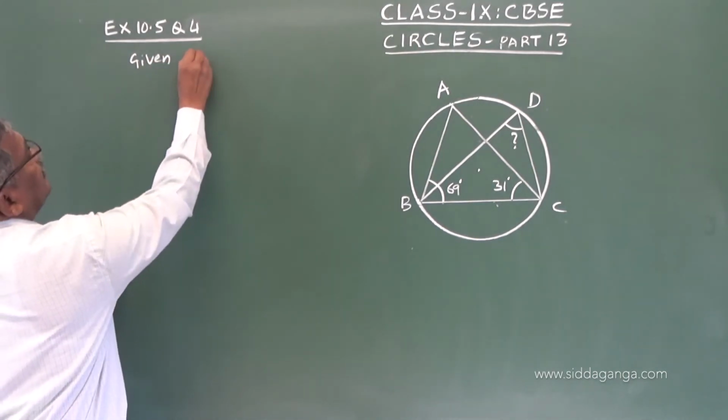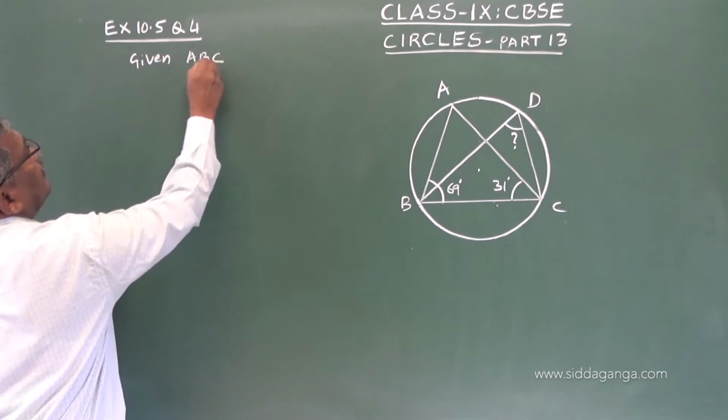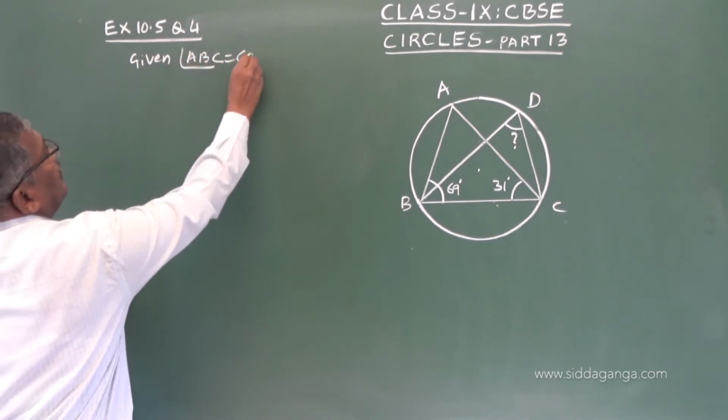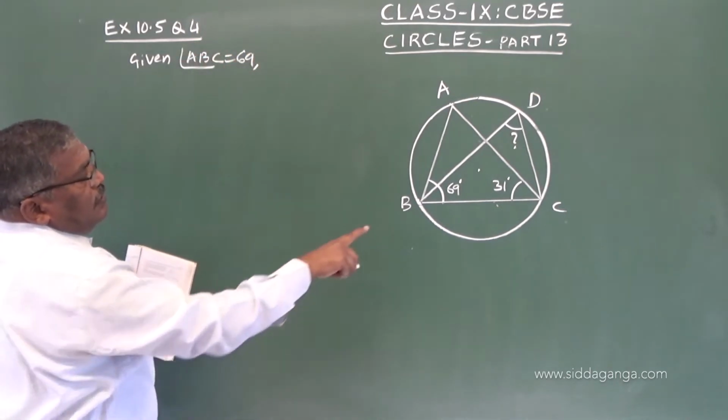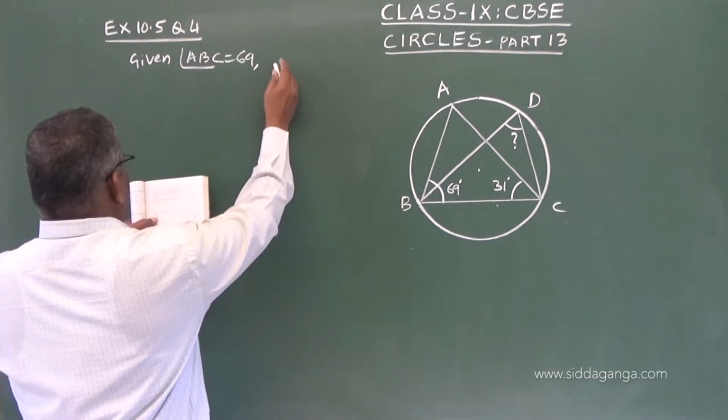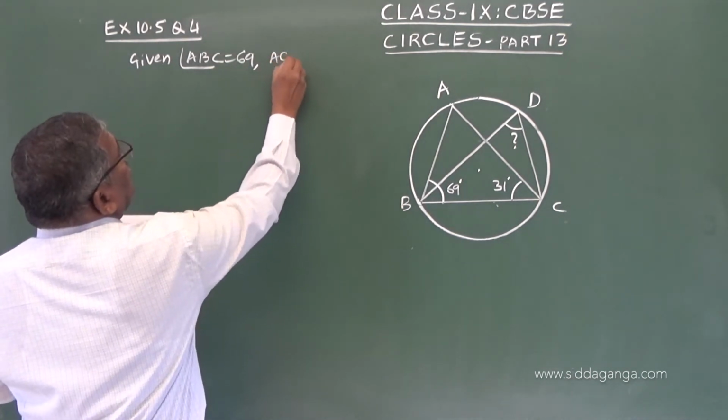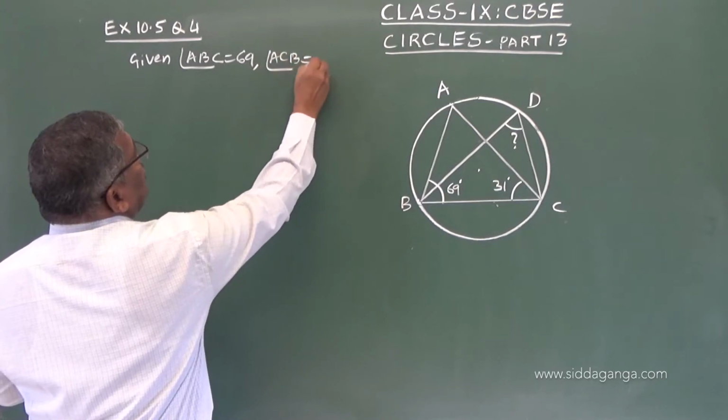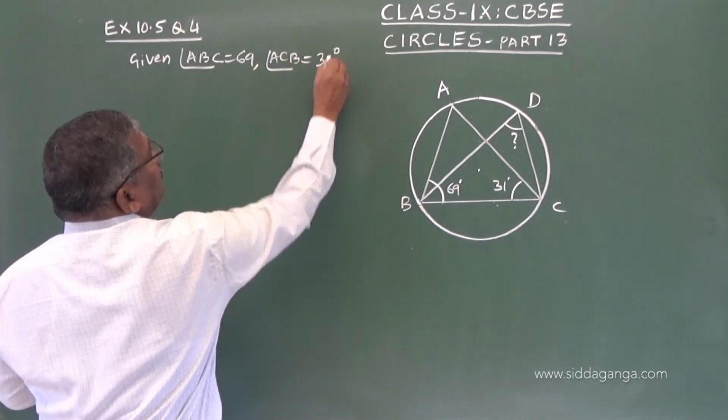Given angle ABC equals 69 degree and angle ACB equals 31 degree.